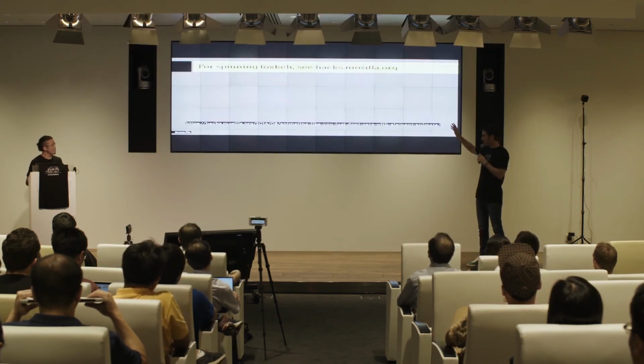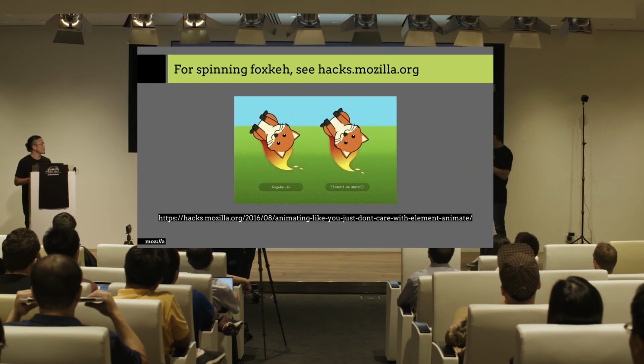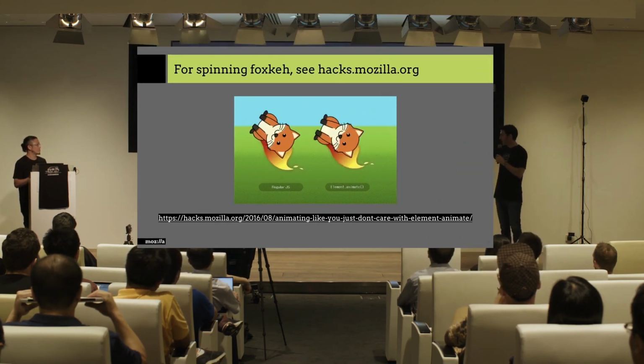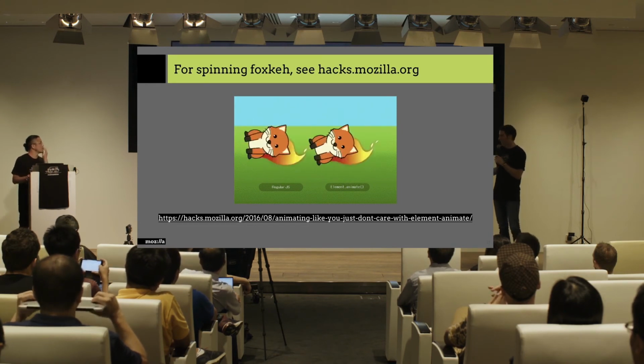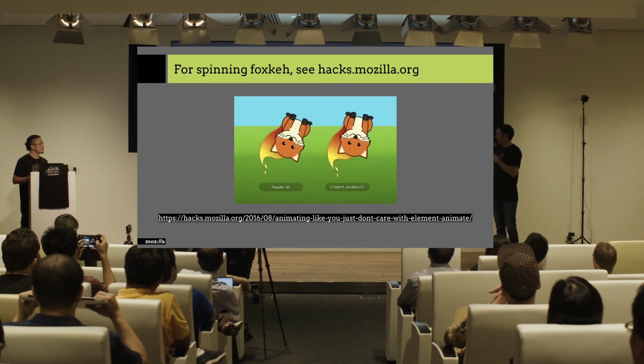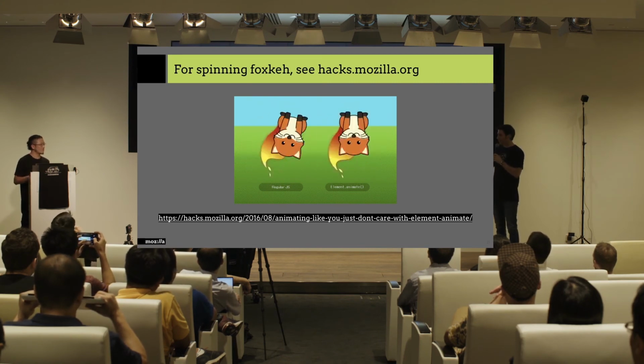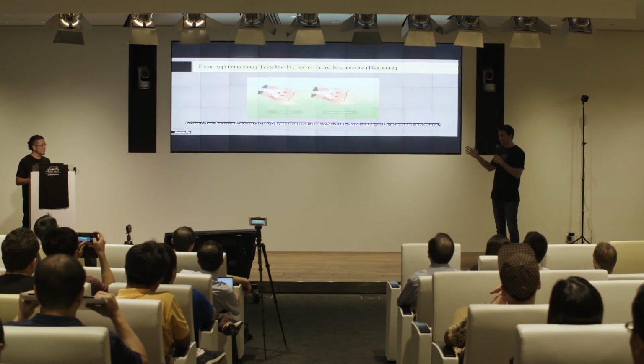And if you want to know more about this, I wrote a blog about this about a year ago, and that will just explain a little bit more of the performance stuff for people who are interested in that sort of thing. Right, well that's about it for web standards and technology.